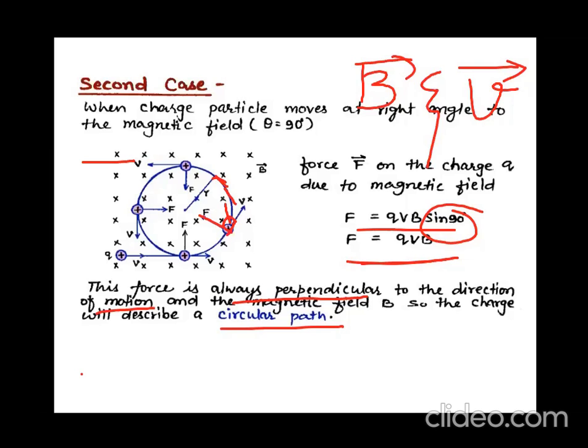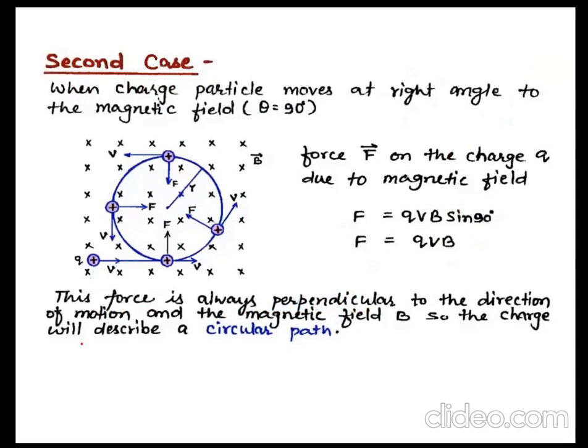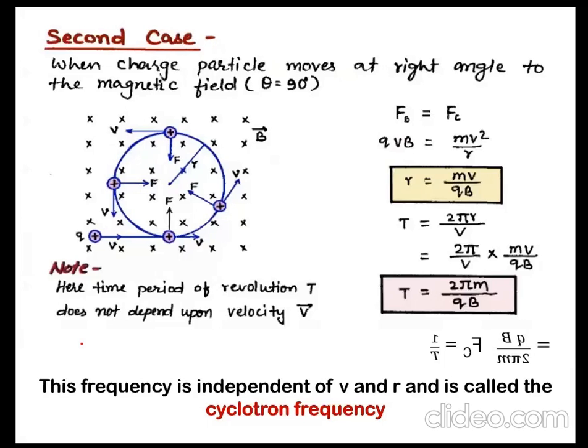So when the angle between the external magnetic field B and velocity vector V is 90 degrees, the charge is going to move in a circular path. This is your case number 2. At 90 degrees, the charge moves in a circular path.